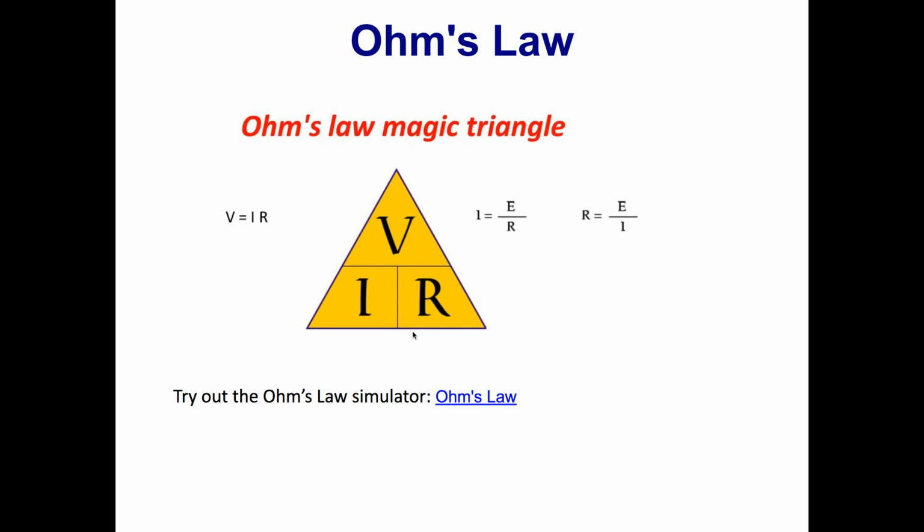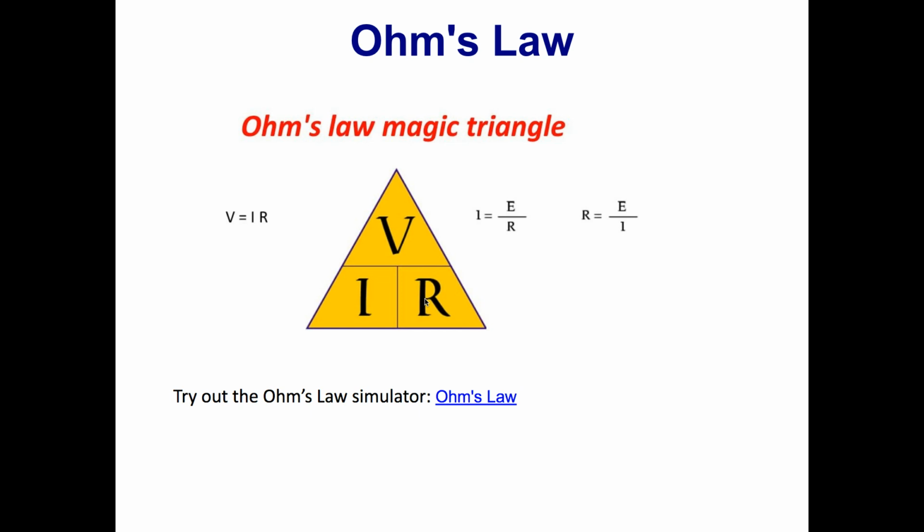I would highly recommend using Ohm's law magic triangle, and you've probably seen these before. Basically, the way these work is whichever of these you are looking for, you cover up. If you're looking for current, you cover up current. Then we're going to divide our voltage by our resistance.